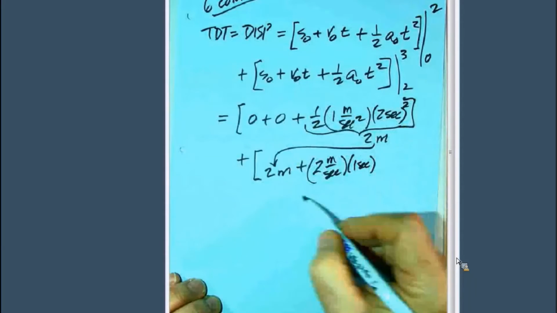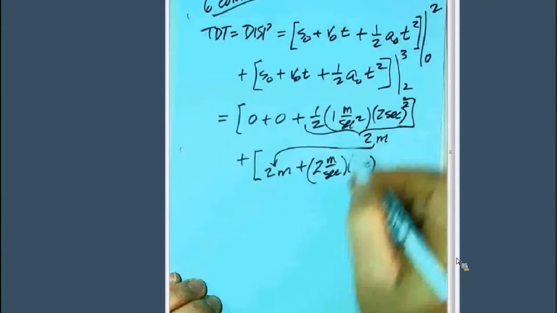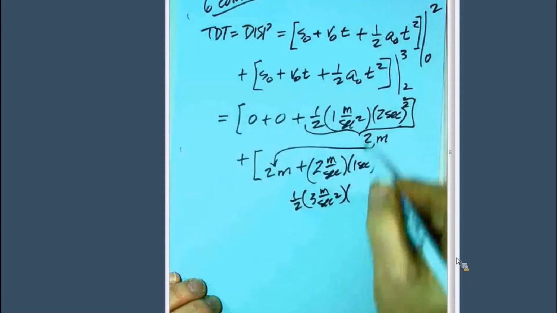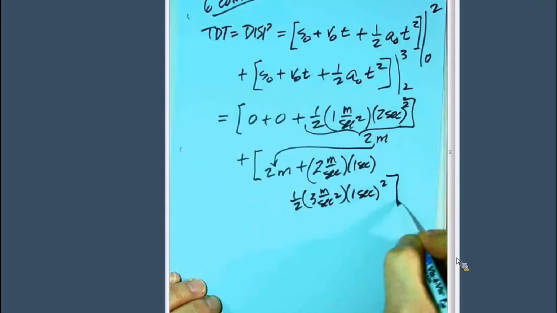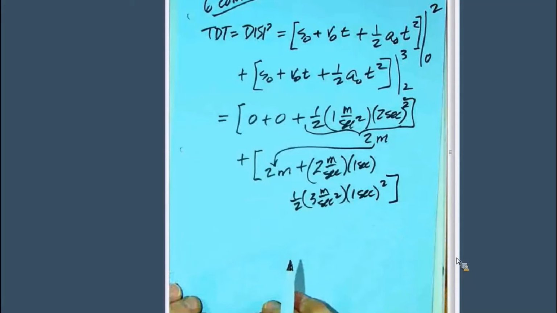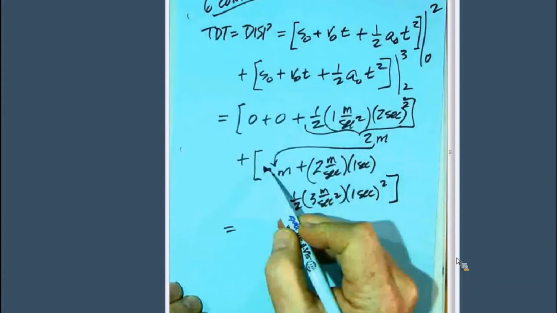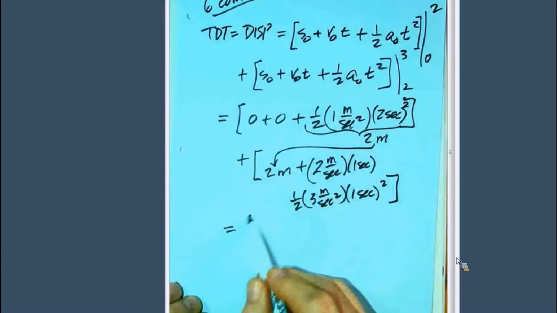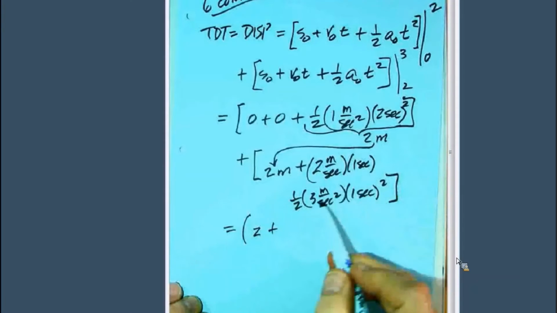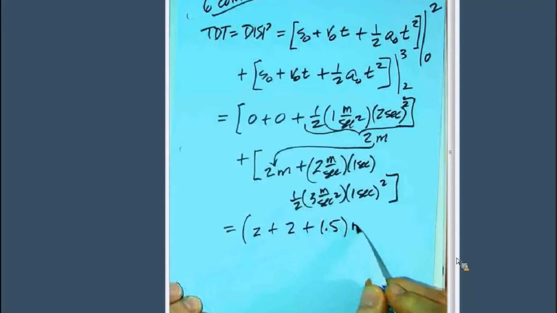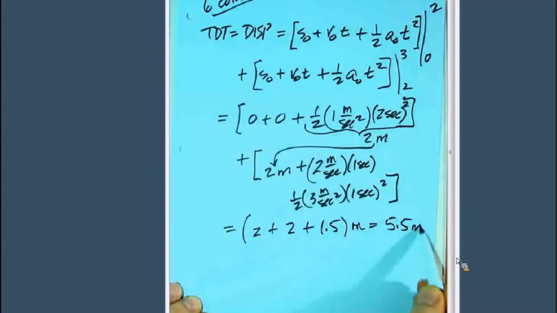And then plus this term, 1/2 times 3 meters per second squared times 1 second squared. So this term has already been taken into account here. So we end up with 2 plus 2 times 1 is 2, plus 1/2 times 3 times 1 squared, which is 1.5. All that's in meters. So you do get the 5.5 meters, which is the answer C.